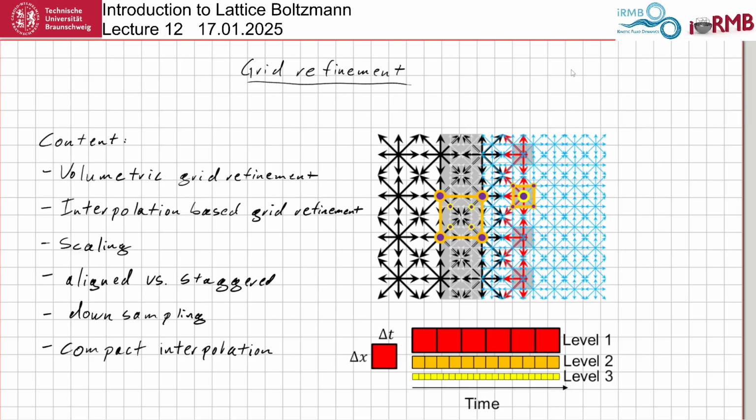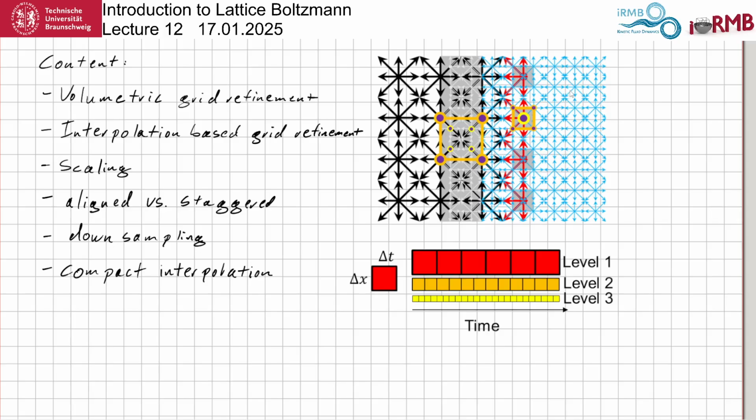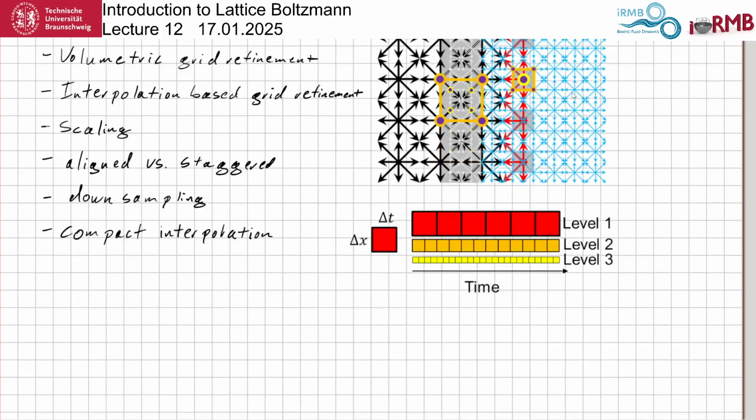So we all know Lattice-Boltzmann is a Cartesian grid method, so you always have the same resolution, and this may not be always what you want to have. Because actually Lattice-Boltzmann, LBM, is often used for external flows.